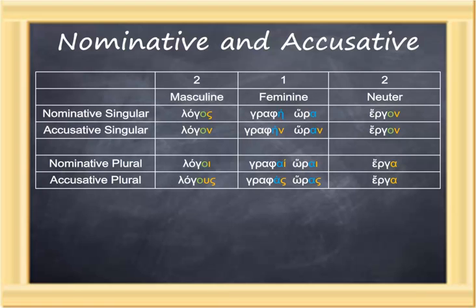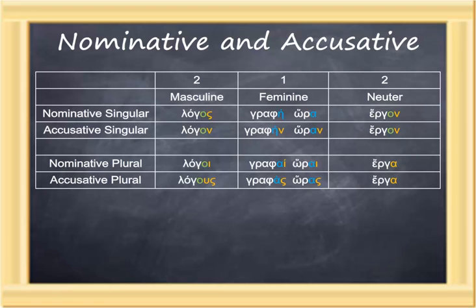With this chart, you now see examples of the nominative and accusative for both declensions in the singular and the plural. So let's take the first column, the second declension masculines.